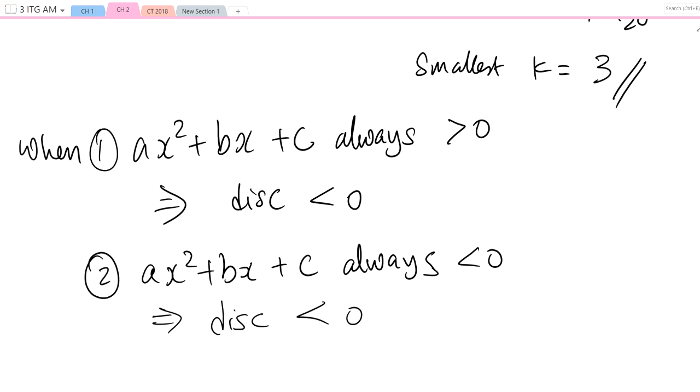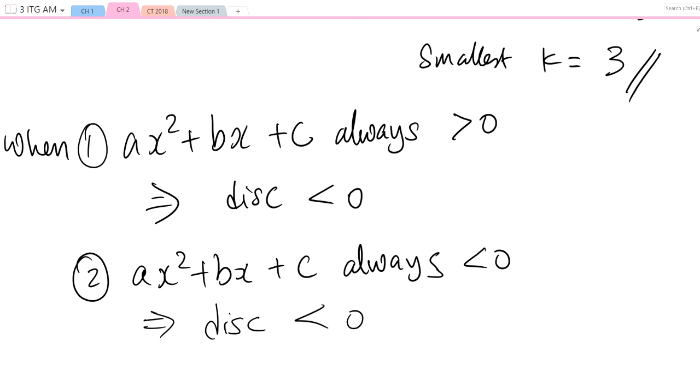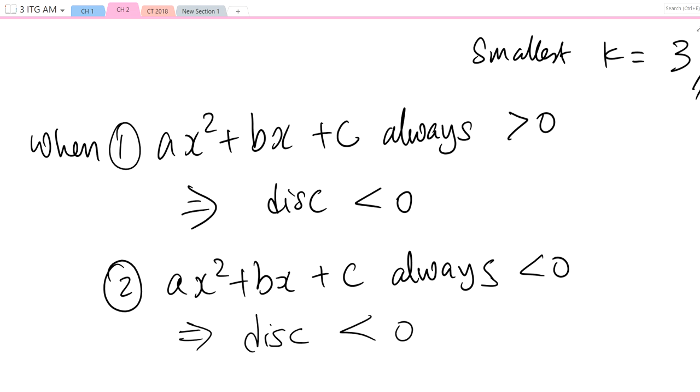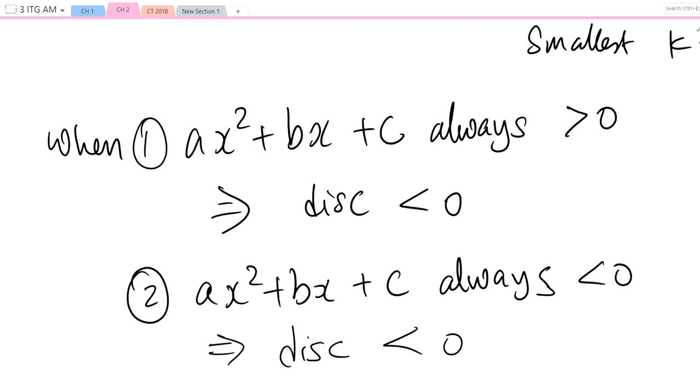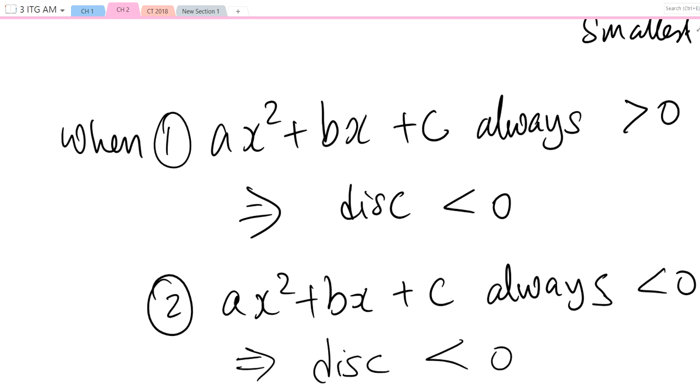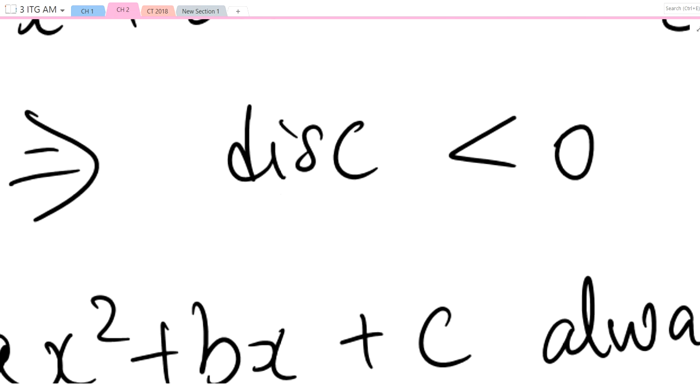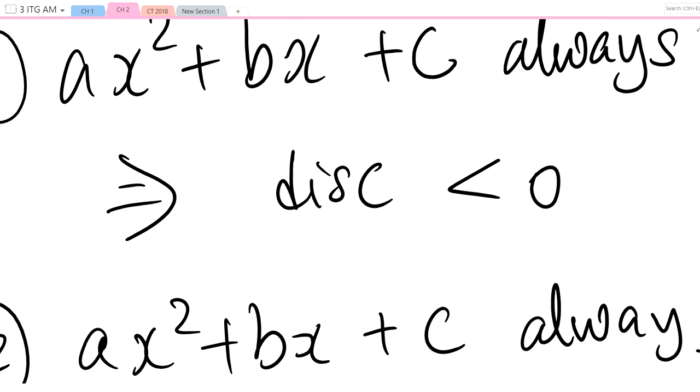Two different cases, the condition is still the same. Discriminant less than 0. Alright? Now next. So must we draw the graph? You don't have to.